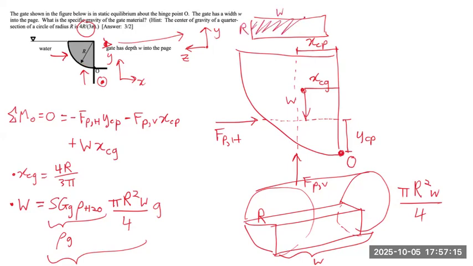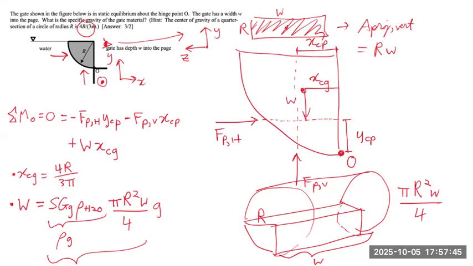So the vertical projection of the area is equal to RW. That's the vertical projection of the area. So this vertical projection of the area is going to have an associated centroid.